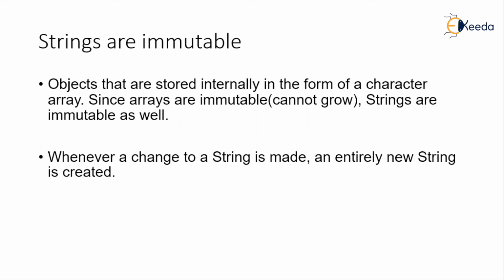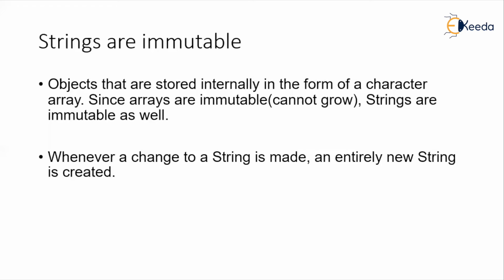Now, are arrays mutable? Can we add any element in any type of array at runtime? Can we increase the length of an existing array at runtime? The answer to this question is no. That means arrays cannot be modified.